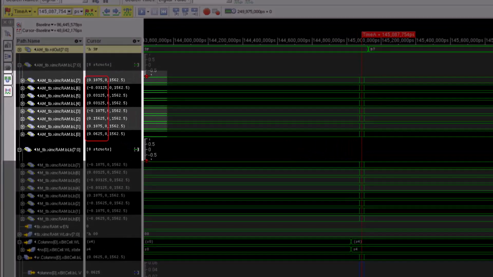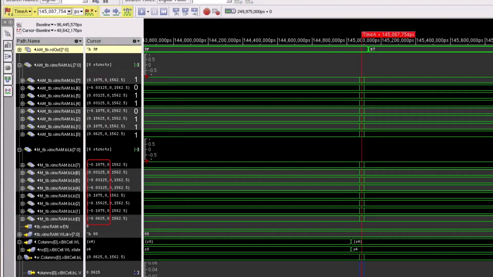So looking at these values here, reading down the column, we've got a positive, a negative, positive, positive, and so forth. So this is going to get parsed as 1, 0, 1, 1, 0, 1, 1, 1. And we can see looking at the BLB values that they're all opposite that. There's no surprises there. And so that is going to get sliced as a B7. And that is the result we get out of the memory.